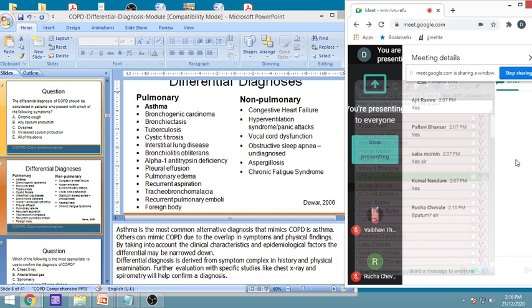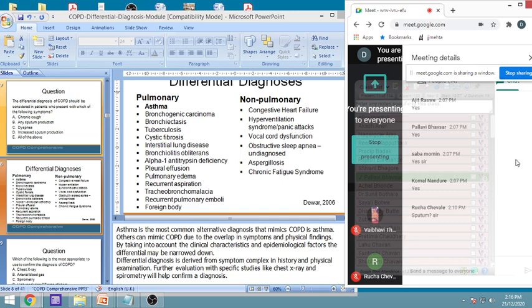Cystic fibrosis is a disease again related to the lungs and the muscles nearby. Then interstitial lung disease, then bronchiolitis obliterans. This is again having a sort of anatomical problem which is causing obliteration usually.